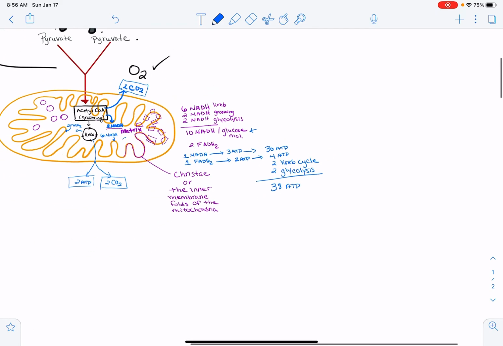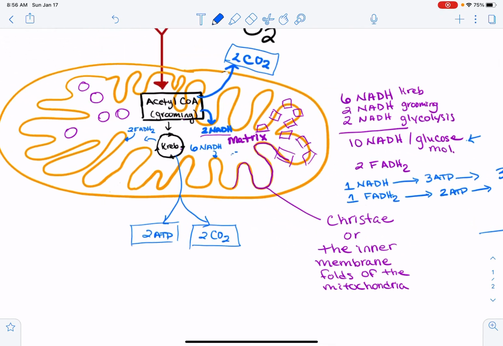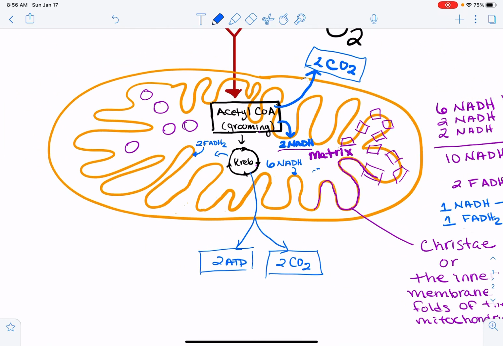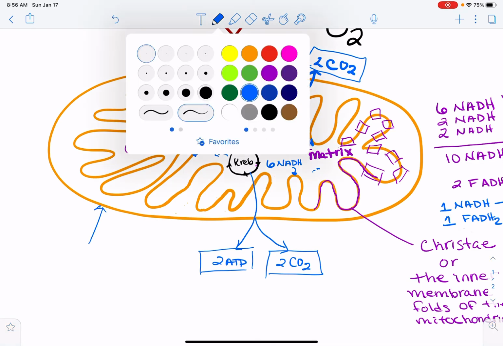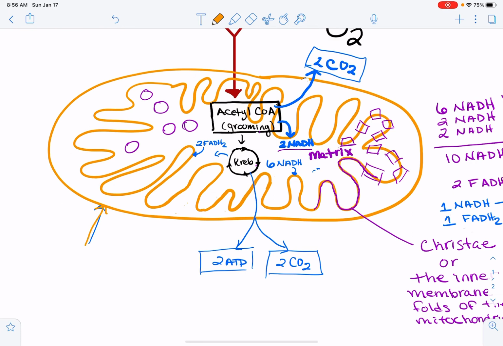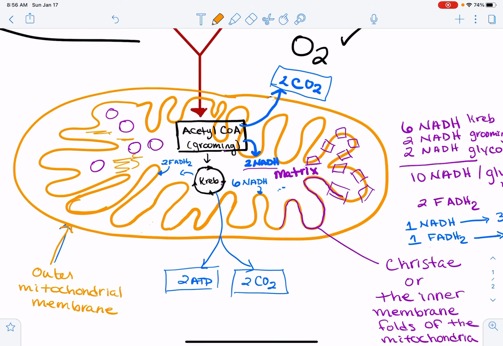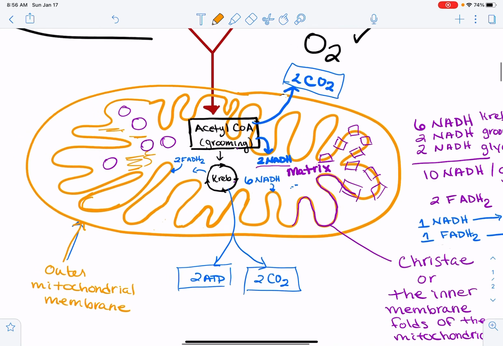Okay, one more thing that I wanted to talk about briefly is we know that we have the outer membrane. We know we have the inner membrane, and we know we have this matrixy bit in the middle. Well, oxygen has to come in as the final electron acceptor.